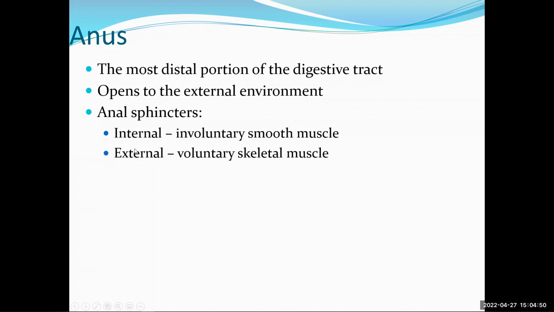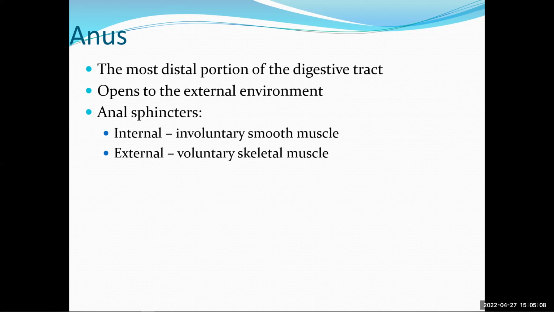There are some persons who don't have control of the external or who have lost control, and therefore they suffer from a condition which is known as, begins with I, and it involves quote unquote adult disposable diapers or adult pampers.